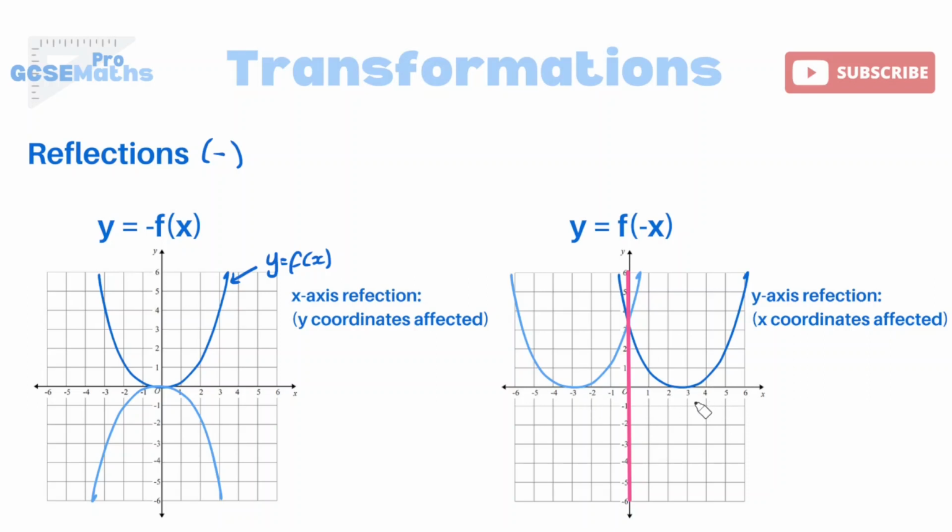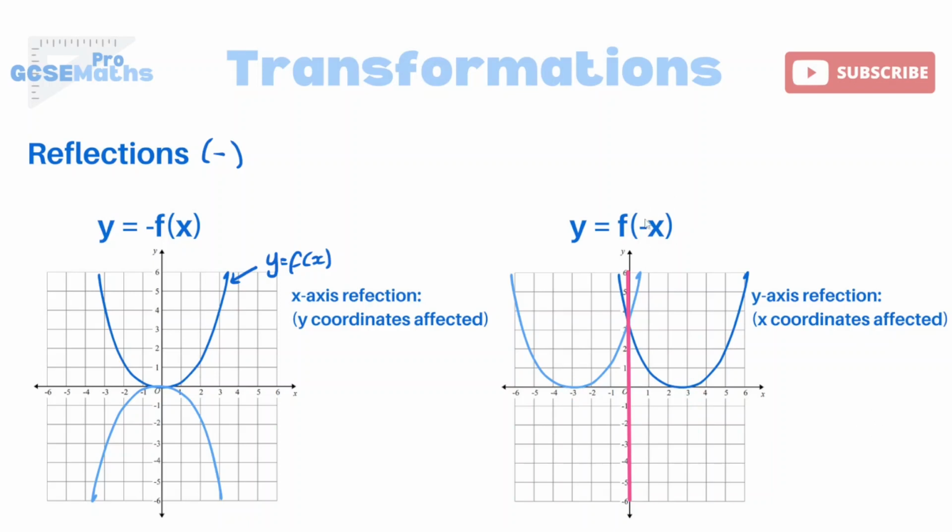The x coordinates have been affected. For example, this was 3, now it's minus 3. However, you can see on the y-axis, those ones haven't changed, have they? It's still at this point here, just a different x value. So you're going to remember it however you find it easier to remember. I remember when I was in school, I just in my head went, it's the wrong way around to what you would naturally think it should be.